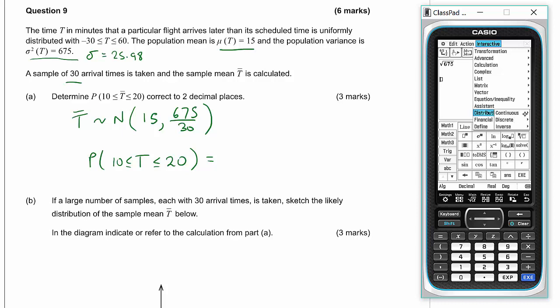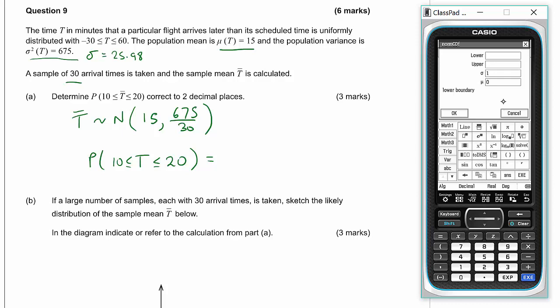So we're going to use a normal CDF with the lower of 10 and an upper of 20, and our sigma would be the square root of 675 divided by, oh, square root of 30.